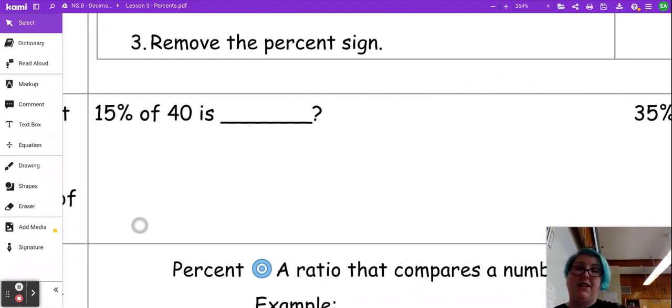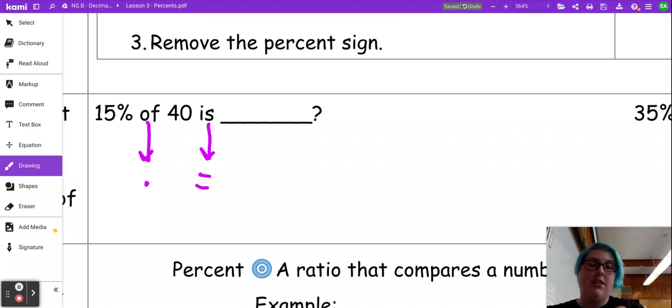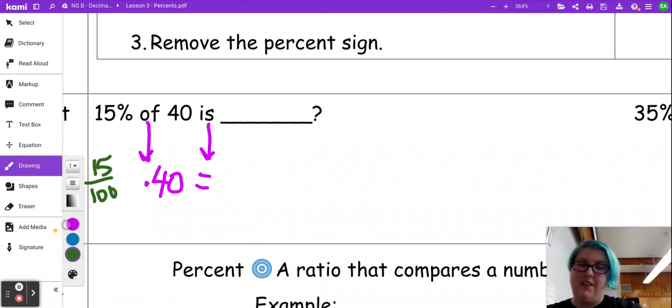So we have here 15% of 40 is what number? When you see something like this, the first thing you're going to do is, if it says of, that means multiplication. Is is our equal sign. What's the answer? That's our equal sign. You can just bring that 40 straight down, and we know that 15% means 15 over 100, but that's kind of unwieldy.